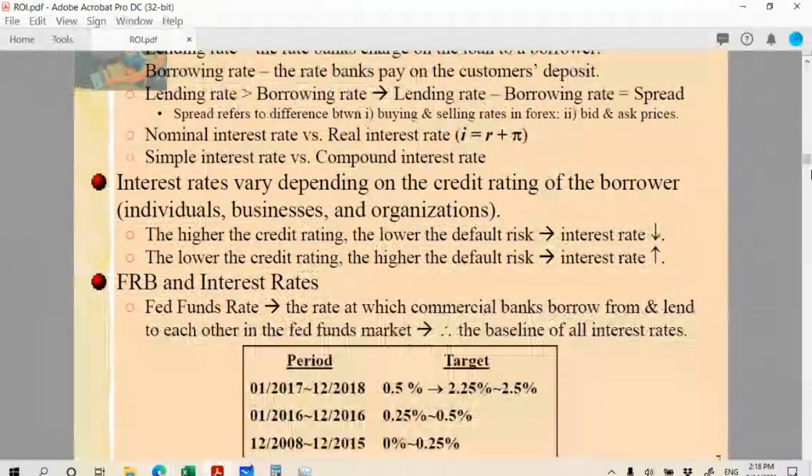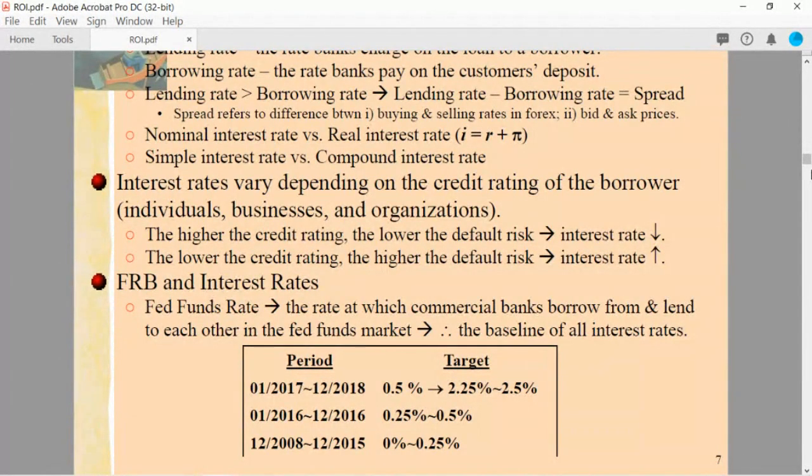The long-term financial market uses compound interest rate. But for the short-term financial market they use simple interest rate.